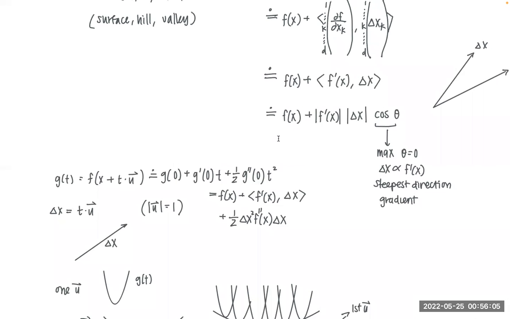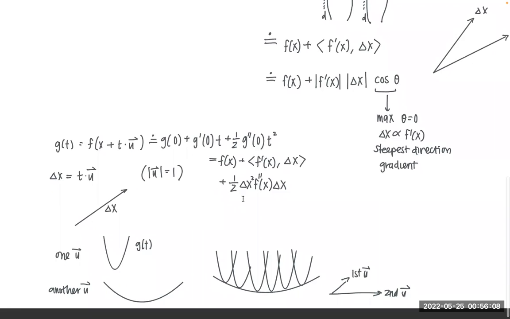So this is the second order Taylor expansion. And by the chain rule calculation, we can see that this is f of x. When t equals 0, you plug in 0, you get f of x, right? And then g prime can be derived as the inner product of the gradient times delta x. And then the second order term can be derived as 1/2 delta x transpose, the second derivative of f at x, times delta x.